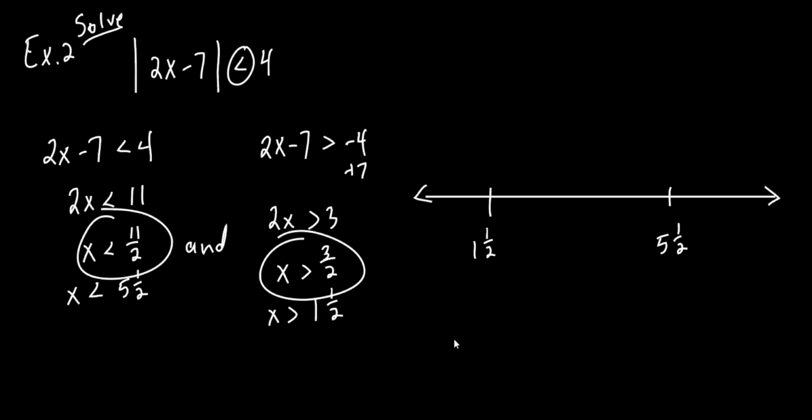Everything where? In between, right? But they're going to be open at both ends. Why are they open at both ends? Because neither one of these is "or equal to." And then I go ahead and shade everything in between. And that's my graph. There's my solution. There's my graph. Simple as that. Ready for another one?